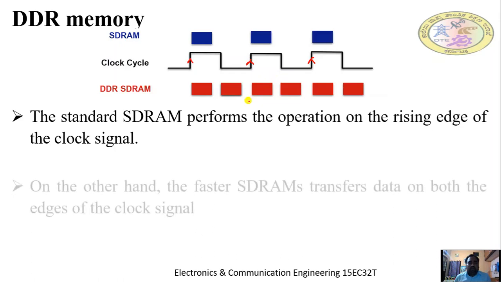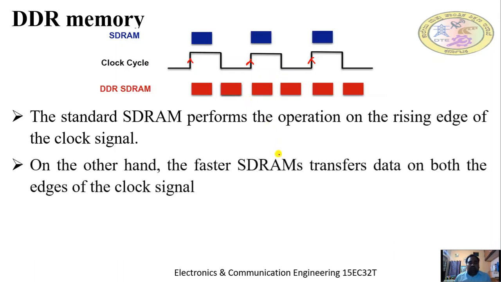Whereas some faster SDRAMs transfer the data on both edges of the clock signal. As you can see in the DDR SDRAM, it not only transfers the data on the rising edge of the clock signal, but also on the falling edge as well.